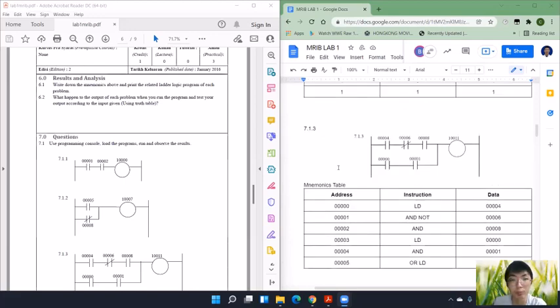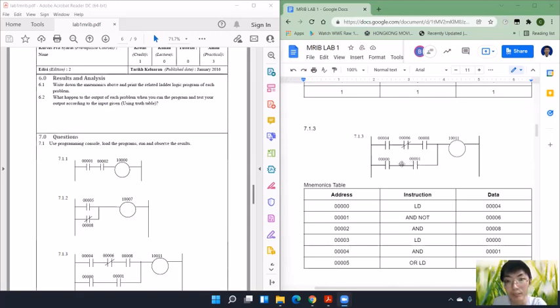The 7.1.3 will be more difficult and longer since it has 5 contacts. From here we can see that 0004, 0006, 0008 have 2 AND gates between them, and 0000 has an AND gate with 00001.